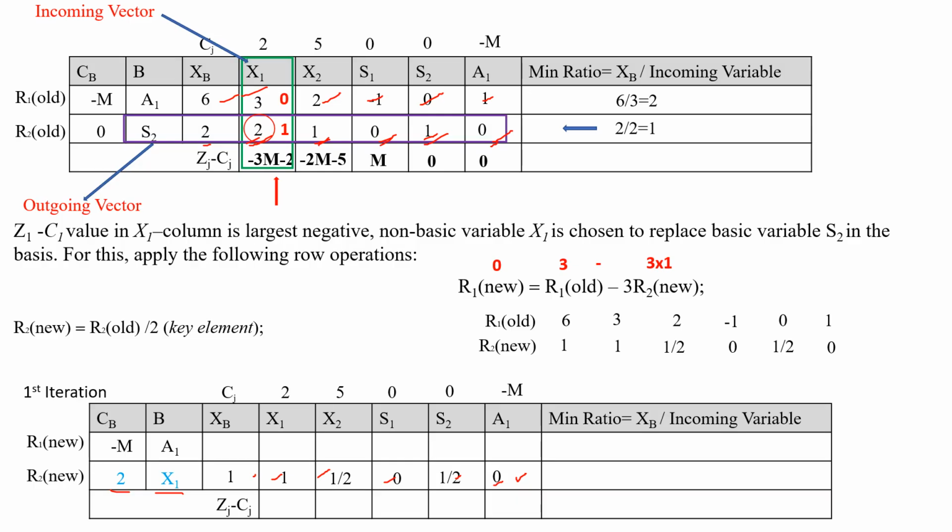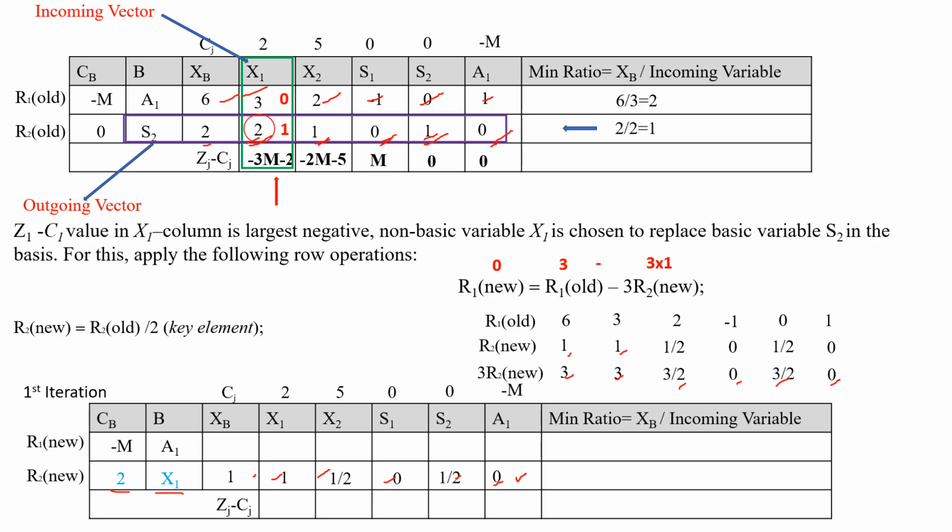And 3 R2 new will become 1 into 3 is 3, 1 into 3 is 3, 1 by 2 into 3 is 3 by 2, 0 into 3 is 0, 1 by 2 into 3 is 3 by 2, 0 into 3 is 0.